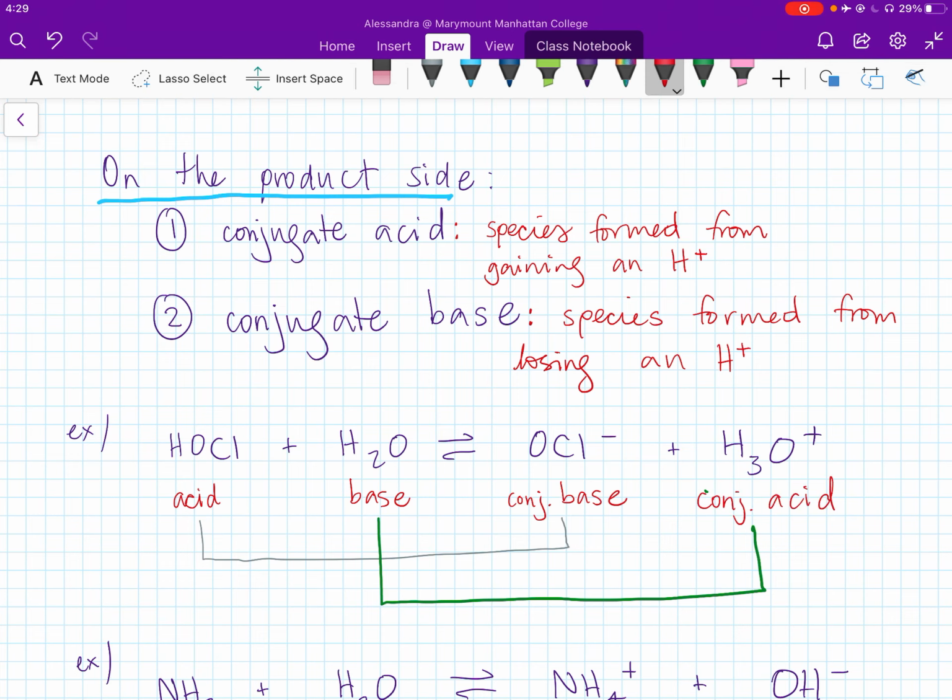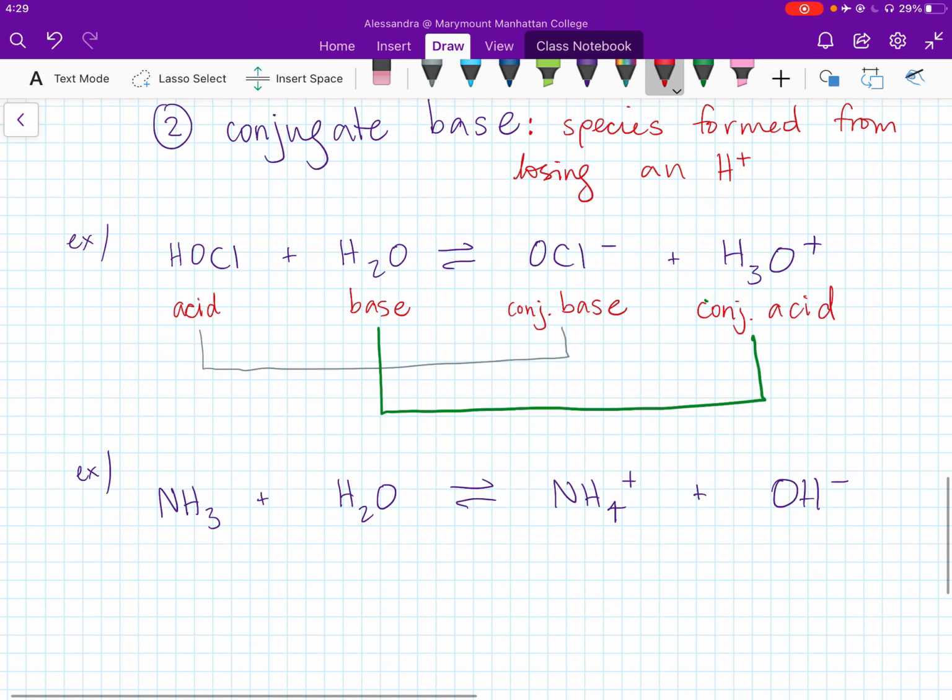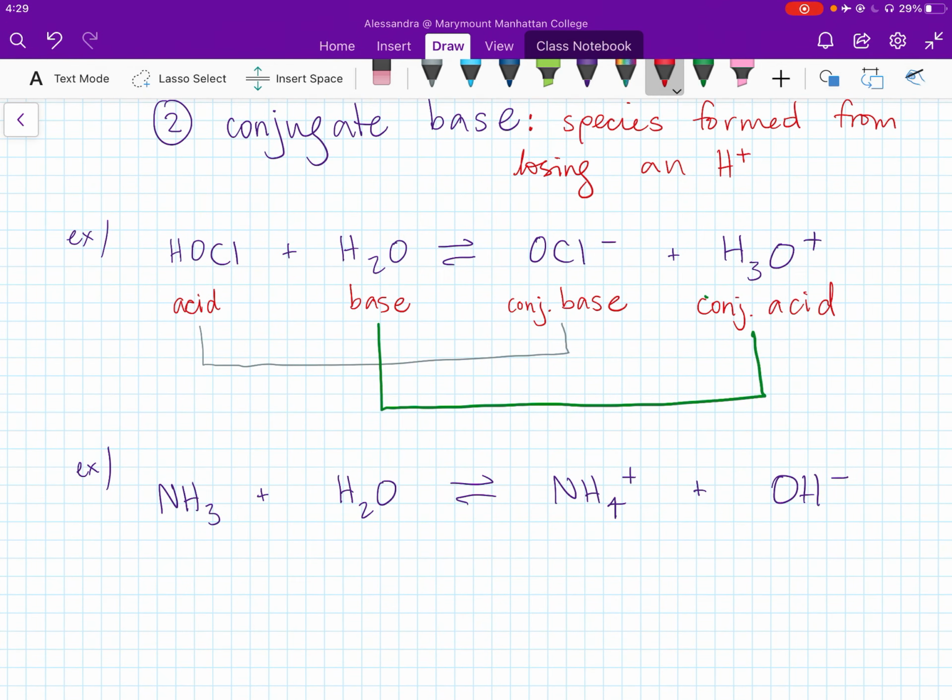So the conjugates occur in pairs. An acid on the reactant side will have a conjugate base on the product side. A base on the reactant side will have a conjugate acid on the product side. We can also see this with the ammonia example. The ammonia is functioning as a base and the water here is an acid.